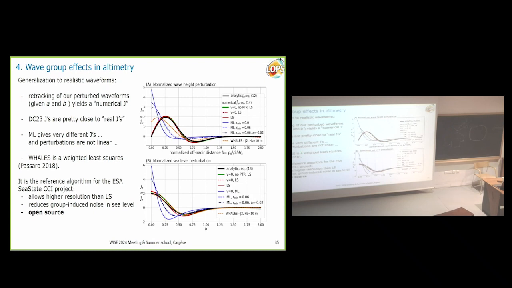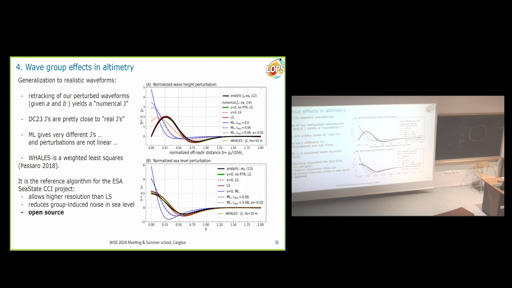So it's different from the least square because it's going to give more weight towards points in the beginning of the waveform, which gives a response in terms of the JH filter that has a maximum closer to nadir. So it gives you a higher resolution in terms of measurement of the wave heights and a lower speckle noise. I didn't talk about speckle noise. That's the other big source of variability in these measurements, but I'm just going to leave it there.